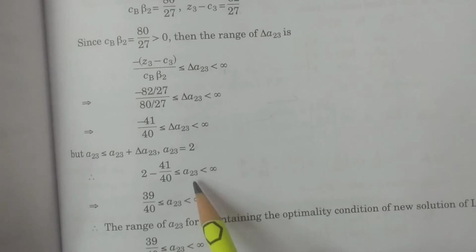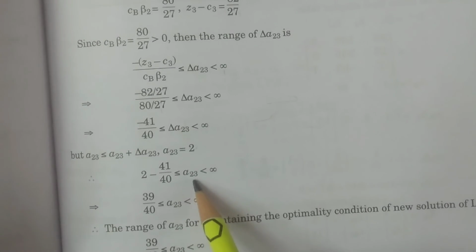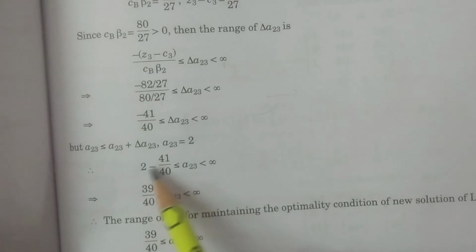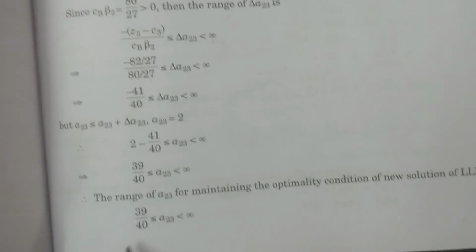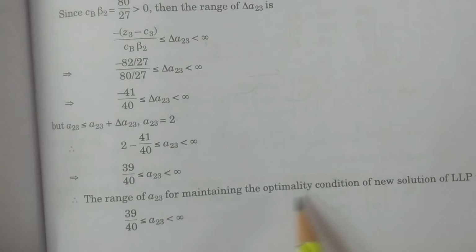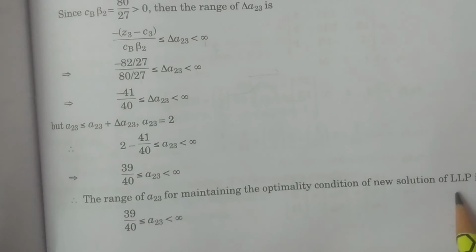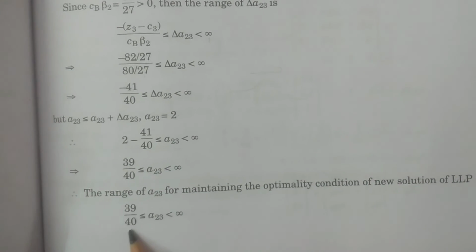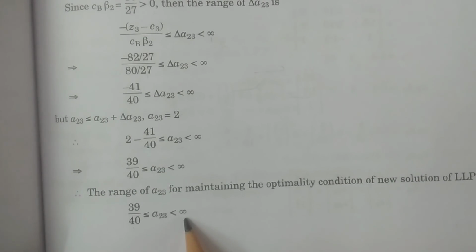It is going to be considered the changed value. For discrete changes, A23 is considered here. So this value is 39 by 40 less than or equal to A23 less than infinity. Therefore, the range of A23 for maintaining the optimality condition of the new solution of the LPP is 39 by 40 less than or equal to A23 less than infinity.